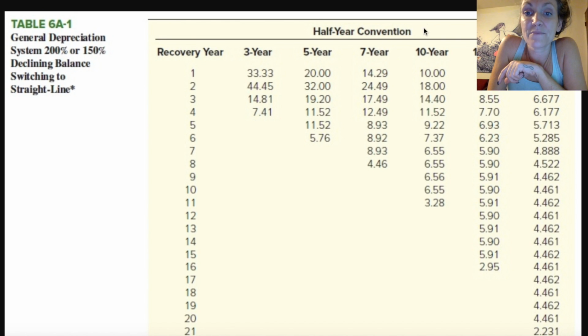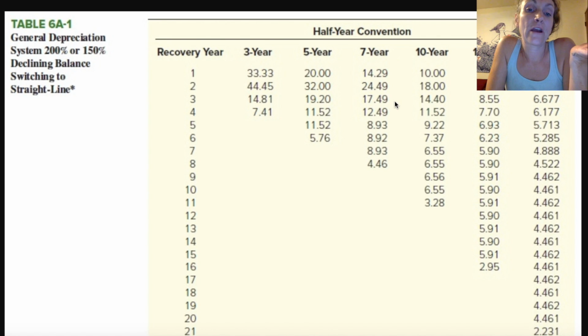So we're going to look at the same table. We're going to go down to year 3 because this is the year we're in. And we're going to come over to 7-year property. And we're going to take this amount for the half year, 17.49 divided by 2, because we're only going to get a half year.